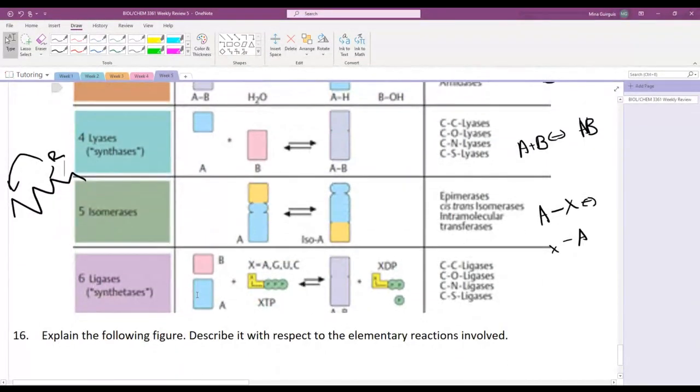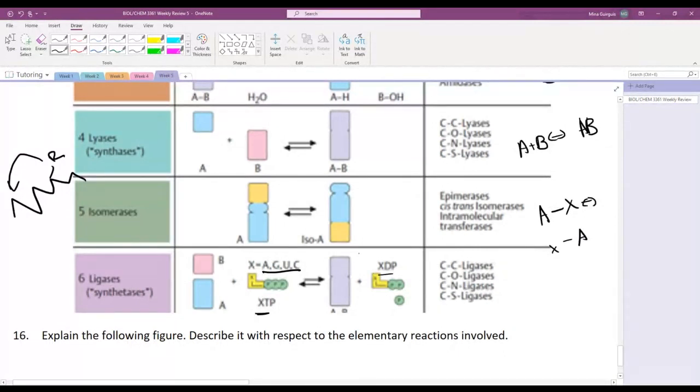Okay, and ligases. Ligases are weird because a lot of you guys are going to think, well, isn't it just a lyase? And you're technically right, but ligases use energy. I should say energy they don't have really. So if we notice, we have XTP, and X is just the RNA nucleotides, so adenine, guanine, uridine, and cytosine. So remember that when we put those with ATP, or ATP is actually an example, let's talk about that.